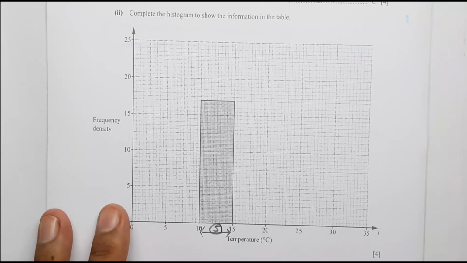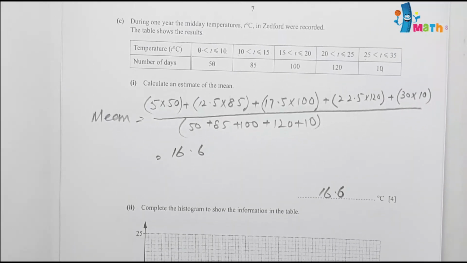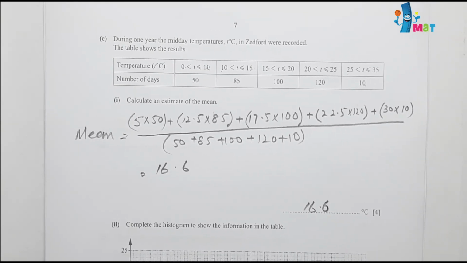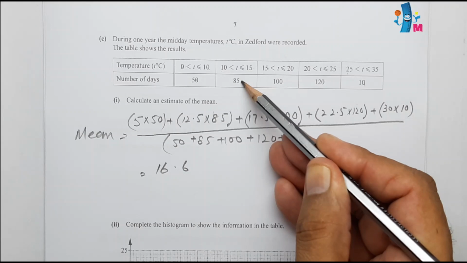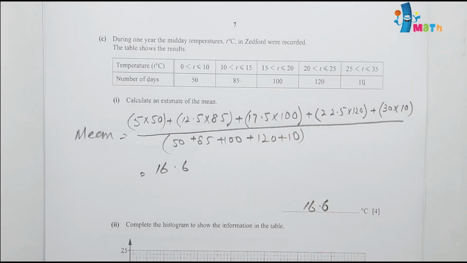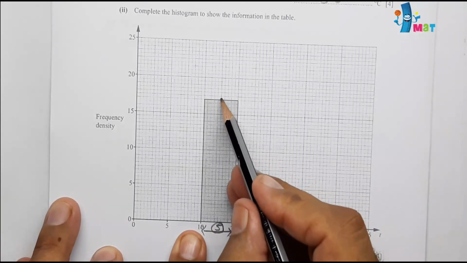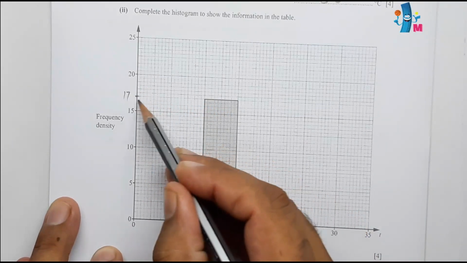And if you check the values, for example over here in the table for the second one, this is 85. So 85 divided by 5, we will get 17. And if you check, the height of this bar given is 17.